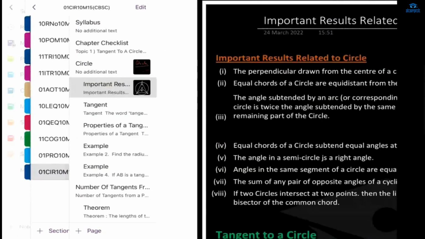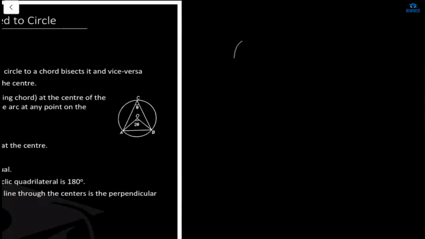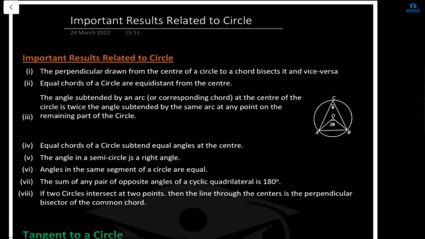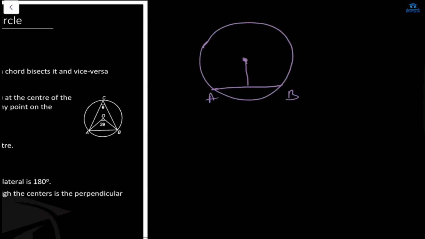Yeah. Now, some of the important results that are related to circle, okay. The first one: the perpendicular drawn from the center of a circle to a chord bisects it, and vice versa, okay. So this is a chord, AB is a chord, and it is saying that if you draw a perpendicular from the center of the circle, then this is going to bisect the chord, so the two parts will be equal.